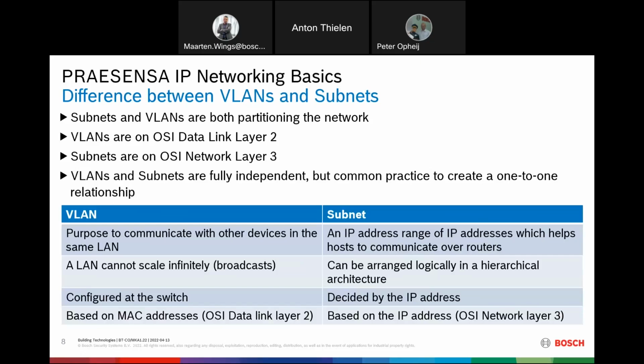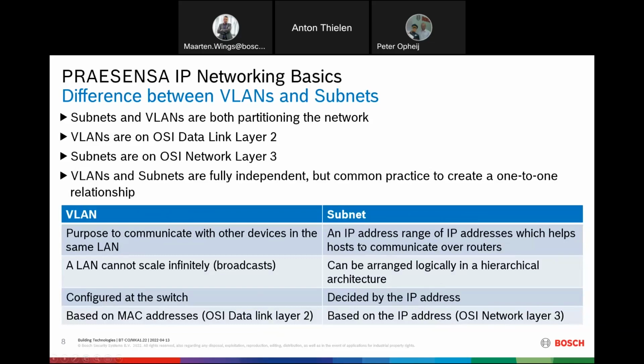So that means, when you have these two together, the purpose of a VLAN is to communicate with other devices in the same LAN. And for a subnet, the purpose is that it has a range of IP addresses, which helps hosts to communicate over routers. Right? So you see with IP, then that router comes into place.